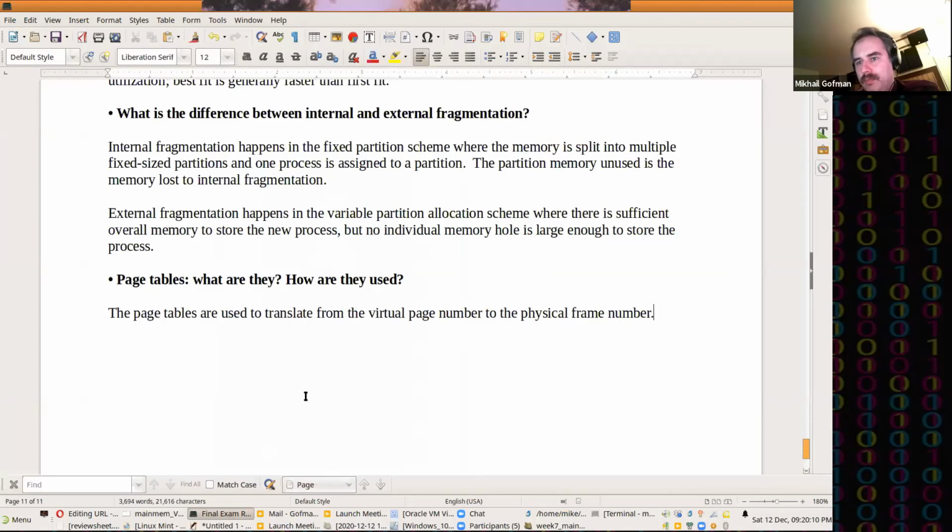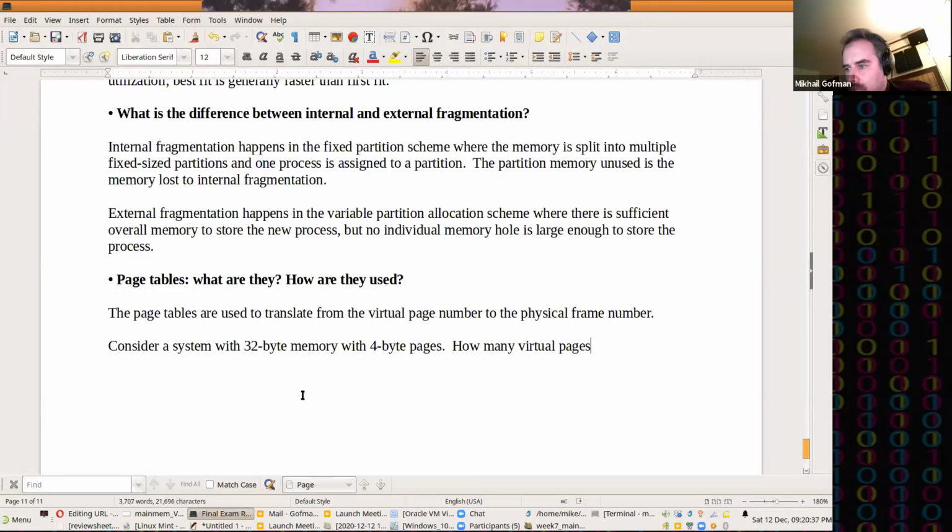So suppose we have, consider a system with 32-byte memory and 4-byte pages. Okay, so how many virtual pages are there for each process?